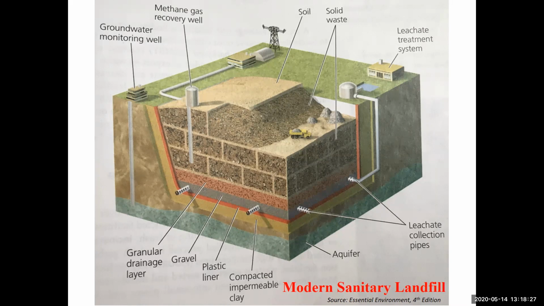Therefore, this trash that's in these cells, in these sections, is essentially preserved inside the landfill. The rate of decomposition is so slow that they have actually found hot dogs in the landfill that were 40 to 50 years old. So yes, that's how slow the rate of decomposition can be in our landfill.